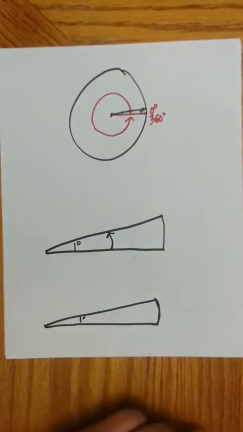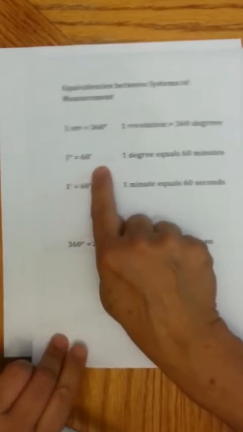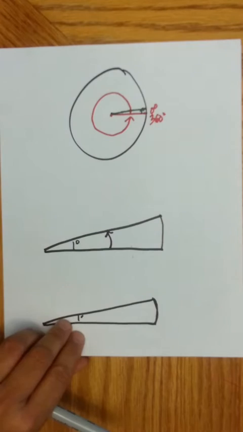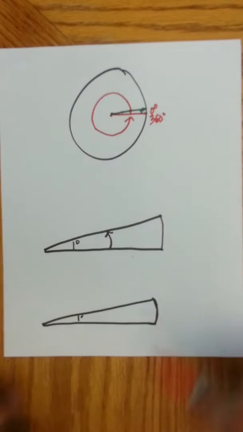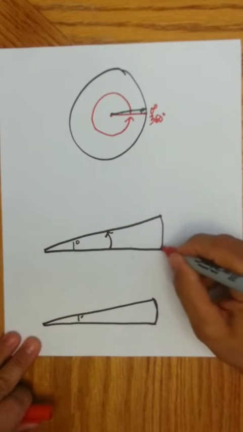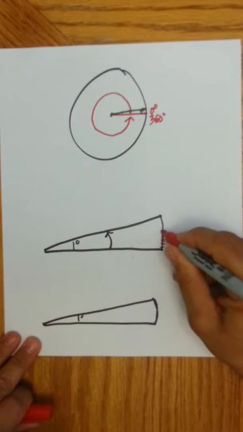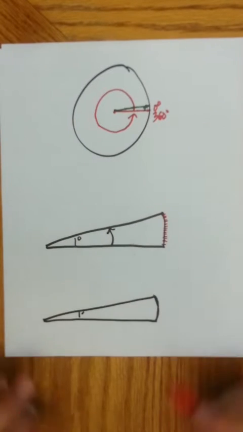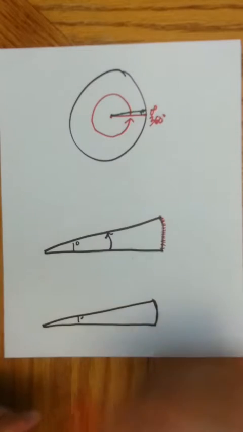Then when I write that 1 degree is 60 minutes, what we're saying is we're taking this degree, this rotation, and literally dividing it into 60 parts like this. I don't know, there's 60 of them, but humor me.